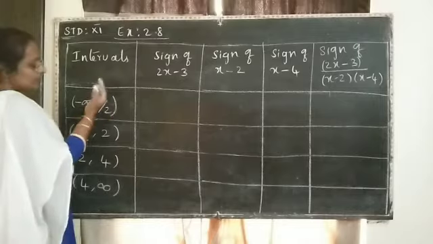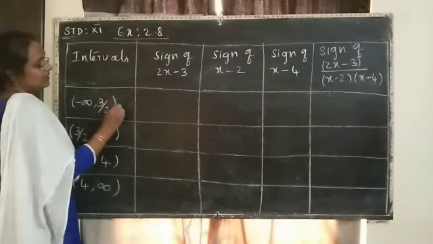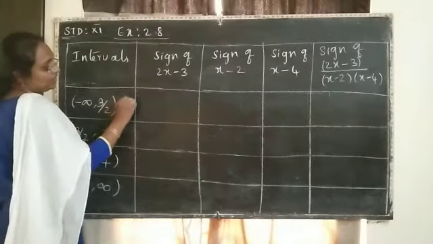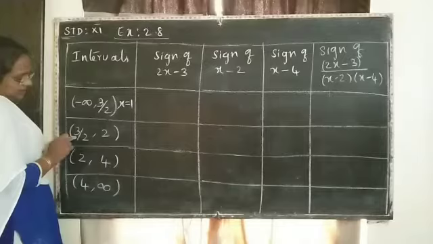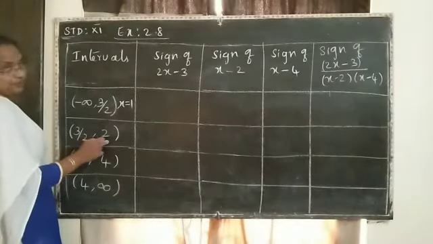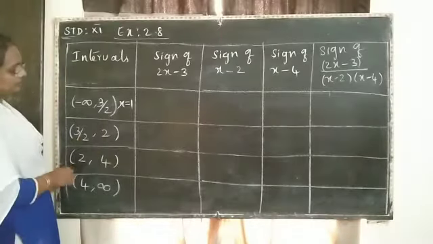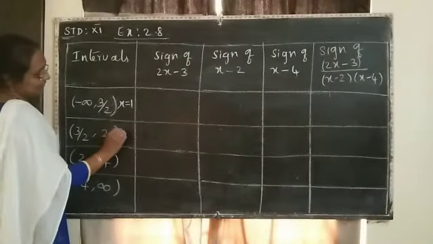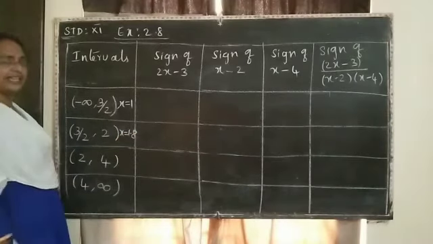So till 1.5 I have minus infinity to 1.5. Shall we take the value of x to be 1 here? Okay, fine. Now again 3 by 2 comma 2, between 1.5 and 2. What number shall we have? Approximately x is equal to 1.8. Shall we take it as 1.8?